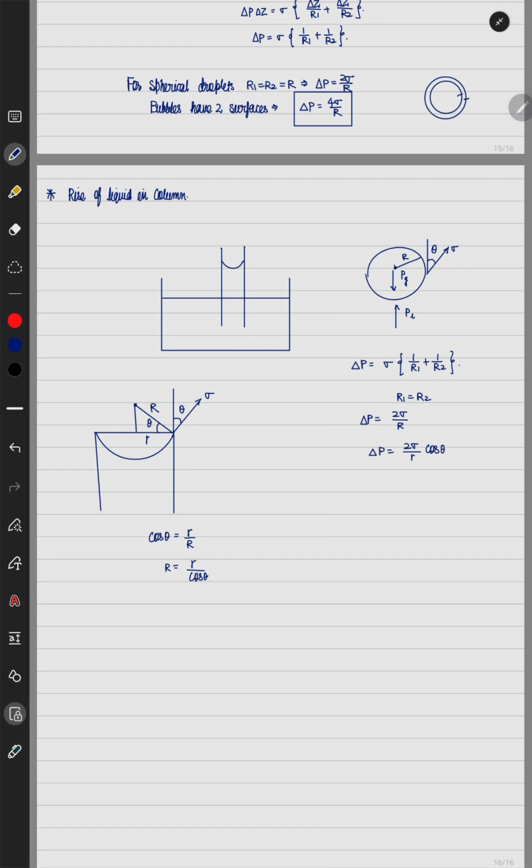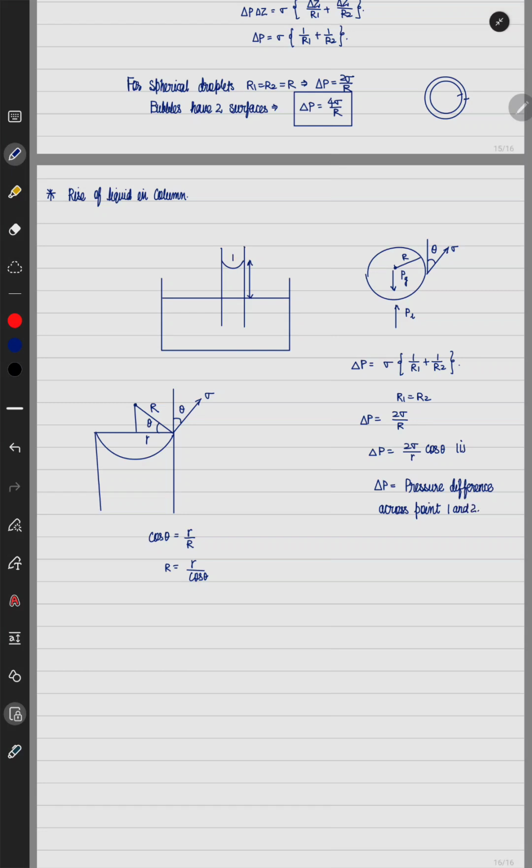Now whatever height is associated with this will be given by delta P. Let us say this is equation 1. Delta P is the pressure difference across point 1 and point 2.